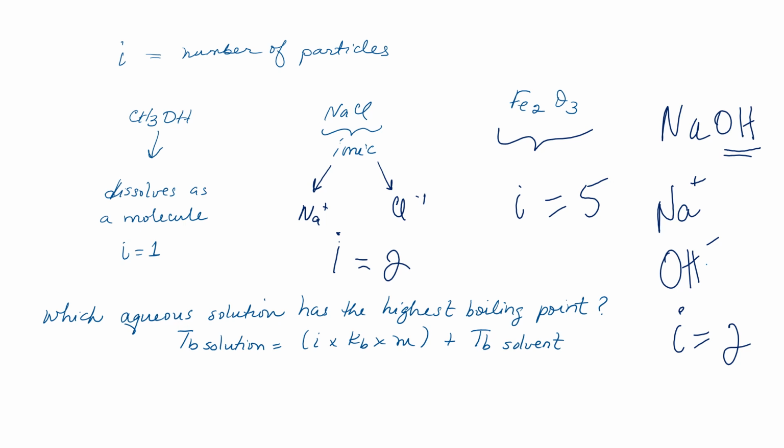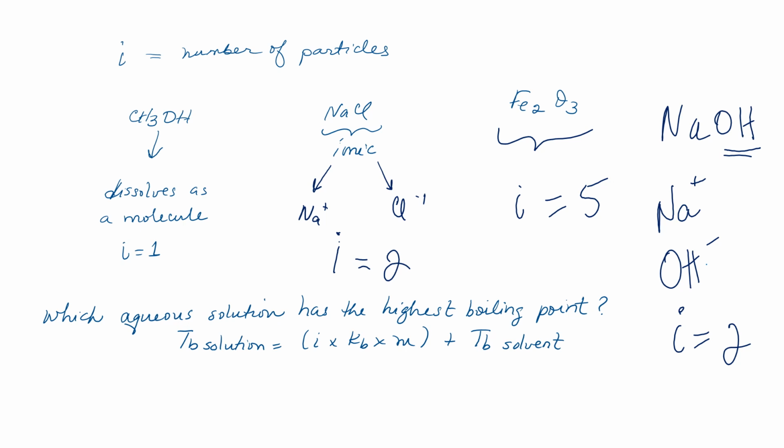If you have the same concentration for all of the solutions, the molality is going to be the same, but that numerical value is going to depend on what quantity you have for the value of i. The greater the numerical value of i, the greater the boiling point of your solution.